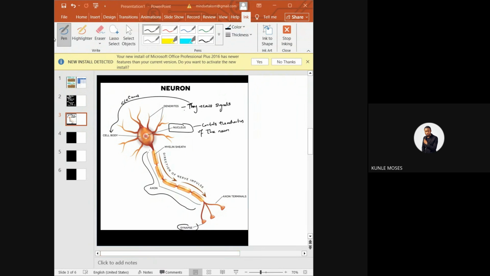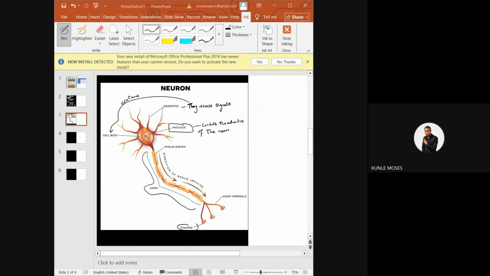The cell body is the main part of the neuron. It processes the signal sent by the dendrite, and it contains the nucleus, which helps to control the activities of the neuron. I hope that is taken.